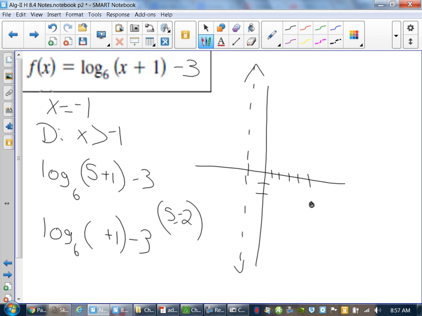What plus 1 is 1? 0. So I'm picking a value of x that is 0. What is log base 6 of 1? 0. What is 0 minus 3? -3.